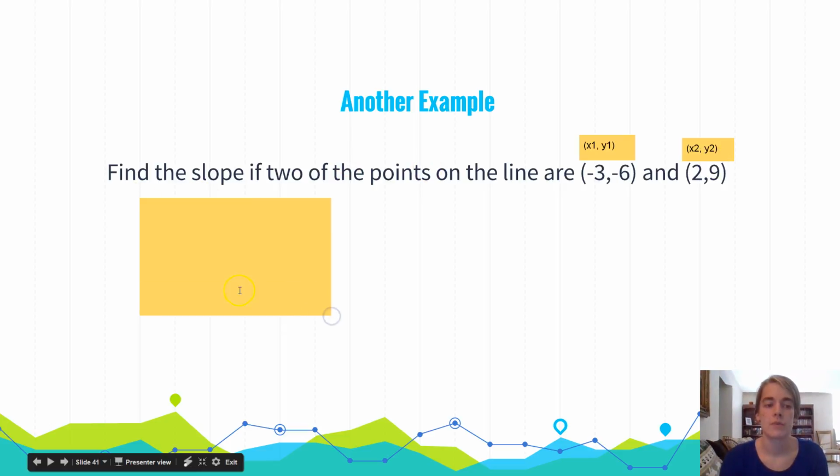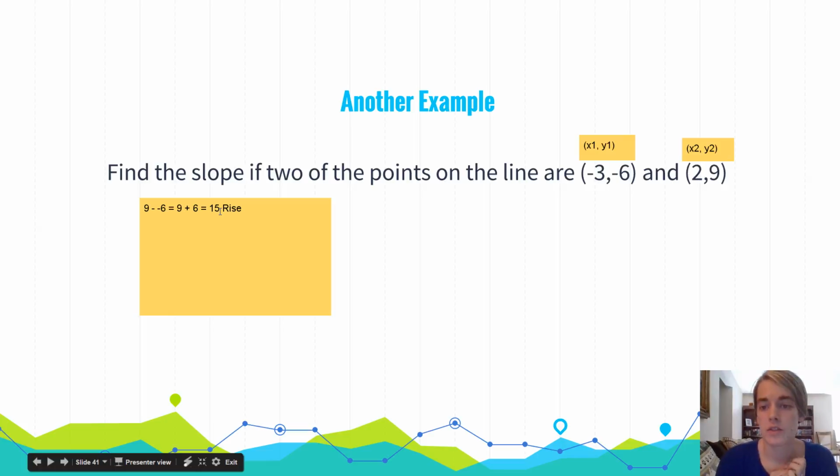So if we follow our rise over run formula, that means we have to subtract our y values. So my y values are 9, subtract -6. Well, 2 negatives right there, so 9 subtract a negative. That's the same thing as like 9 plus 6. So remember, 2 negatives squished together like this kind of morph into a plus sign, which means that our rise, 9 plus 6, is going to be 15.